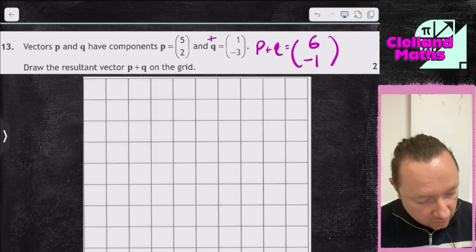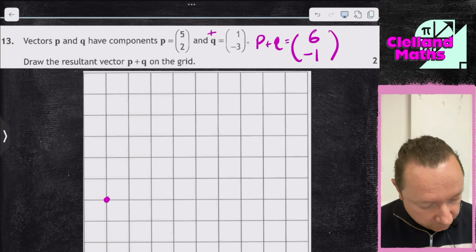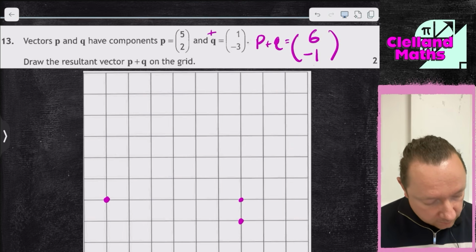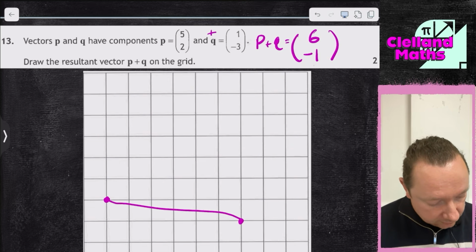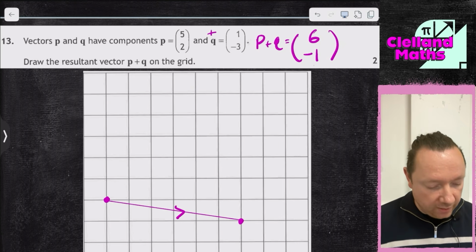So I just pick somewhere on my grid, and I go along 6, 1, 2, 3, 4, 5, 6, and then I go up, no, down 1 because it's minus 1. So I'm starting there and ending there, and you should use a ruler, get a straight line, and draw an arrow. So that's p plus q there.